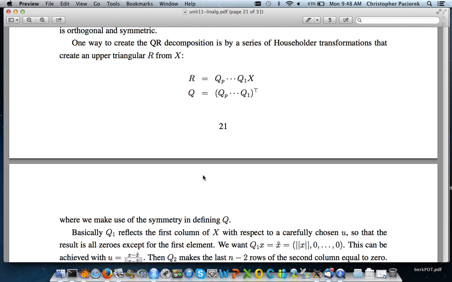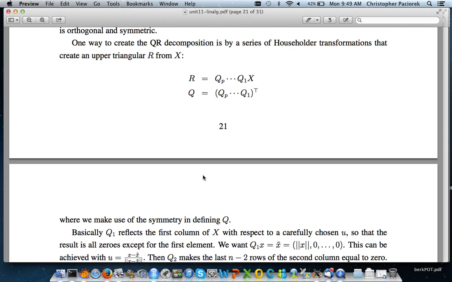So this is going to be the full Q2, and the idea is once I've gotten it down to this problem, I'm now going to take a submatrix Q2-1 that does the same thing to this submatrix that I did to the original matrix. So I'm going to have Q2 of 1 times this X1 matrix, and that's going to give me X21, the length of that, and then zeros.